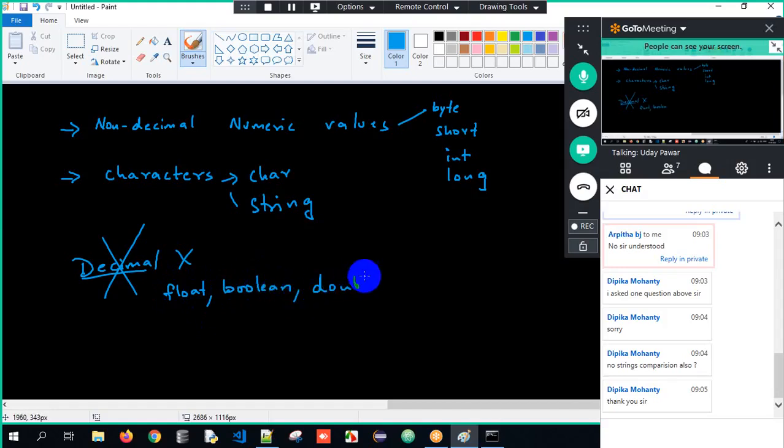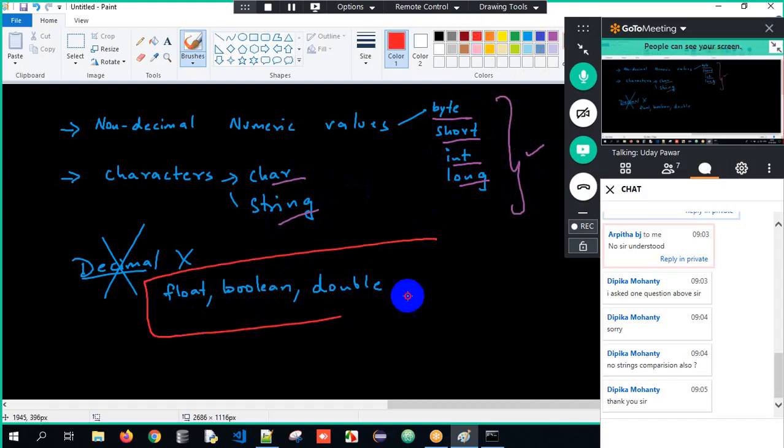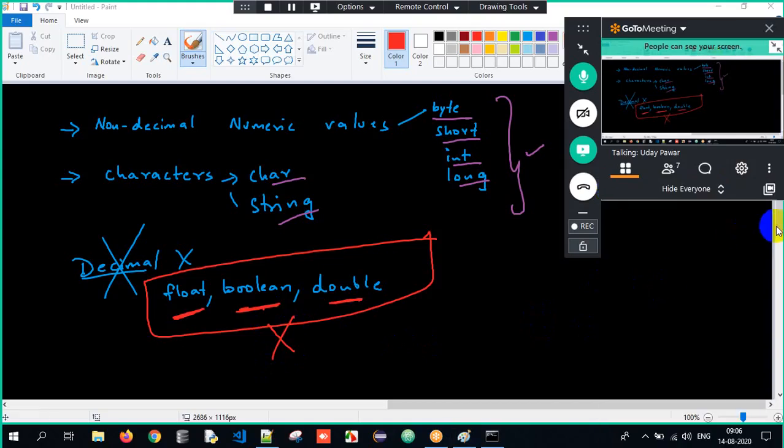These are the few things you should know. So byte, short, int, long, char, string are all compared, but which are not? These three: float, boolean, double. This is the basic way of understanding. Great, we understood this data as well.